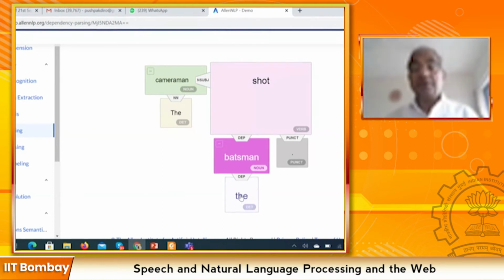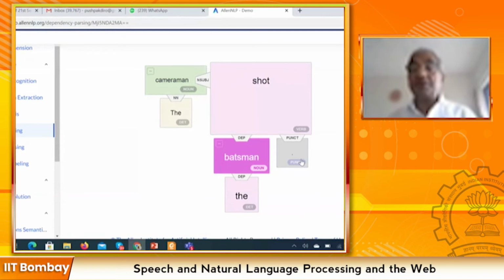In the earlier case, for cameraman, there is no DEP; I have NN, but here I have a DEP. The batsmen are linked with DEP, and here it is linked with NN. Why is it so? We'll come to that. And then the whole sentence is done.